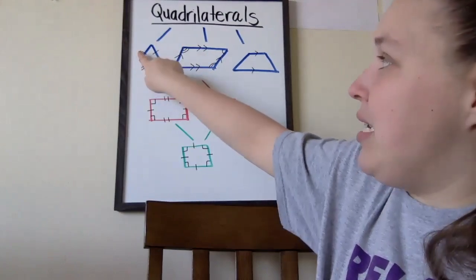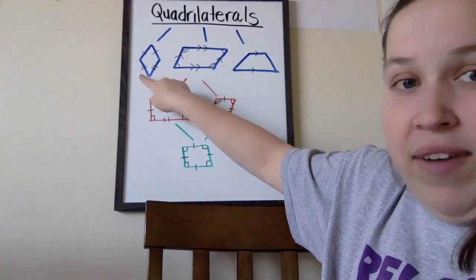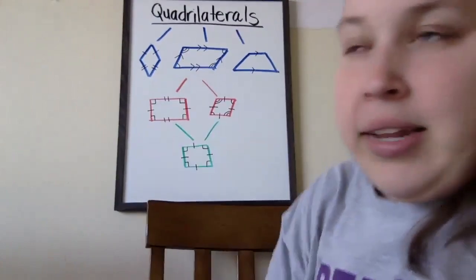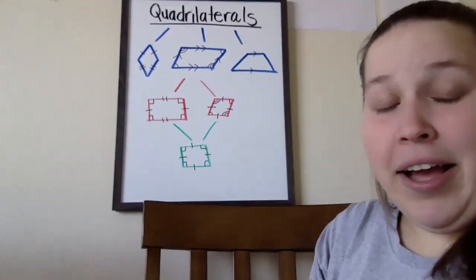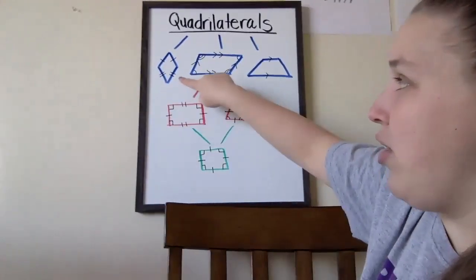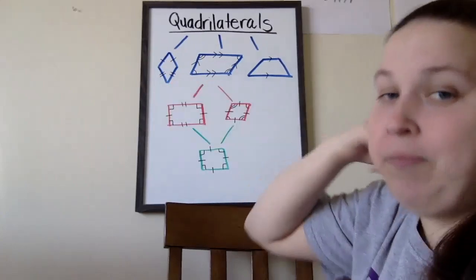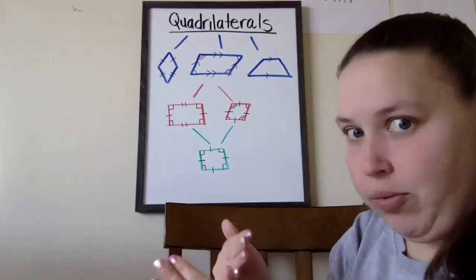For instance, if this is 3 and this is 3, this is maybe 5 and 5. So you want the number of lines going through it. As you get into higher math, sometimes you'll have 3 lines to show that it doesn't equal the other 2. So if it's just a straight line, that means it's congruent.